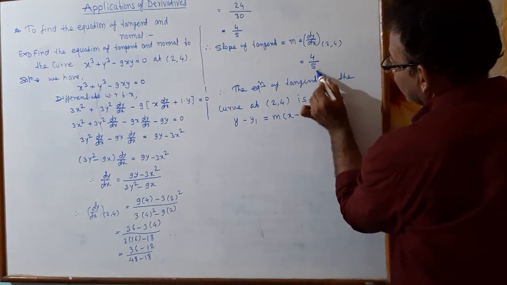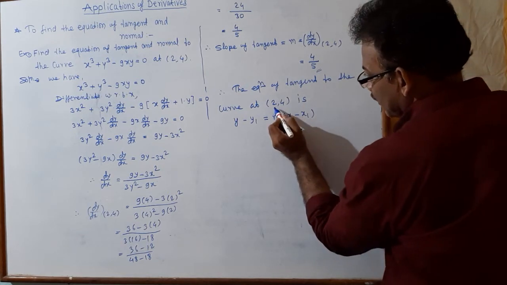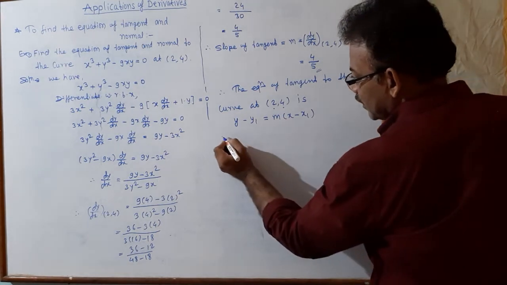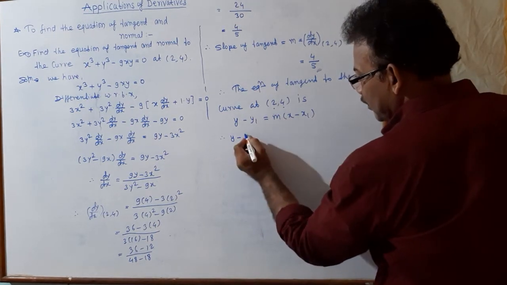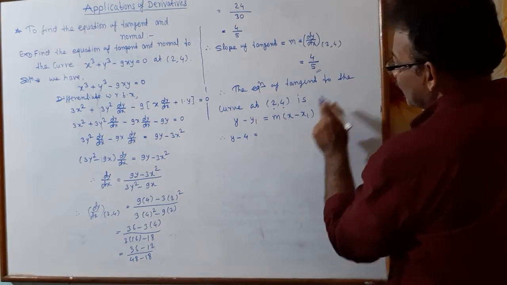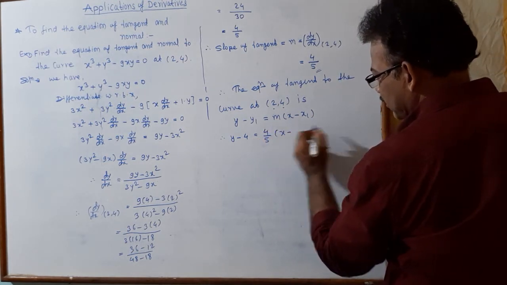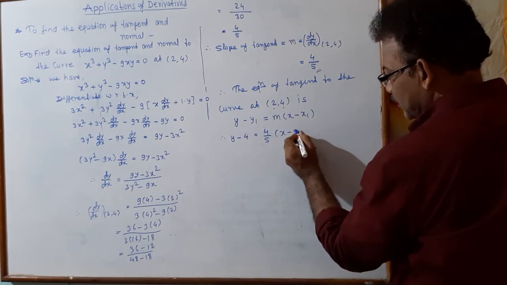We know the value of m, and also we know x1, y1: this is x1, and 4 means y1. Putting values here, y minus y1, that is 4, equals m, the slope of tangent, that is 4 divided by 5, in bracket x minus x1, that is 2.